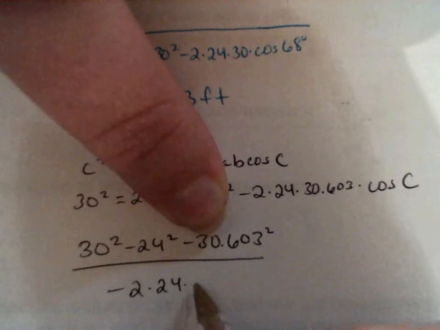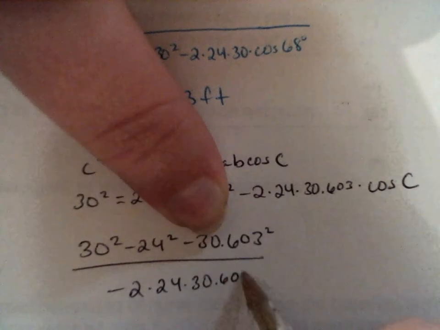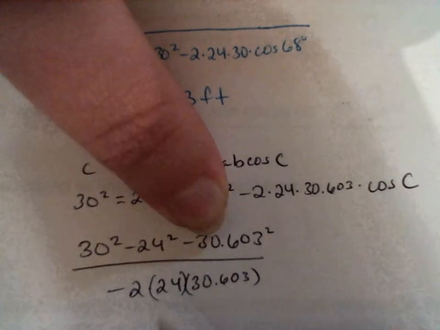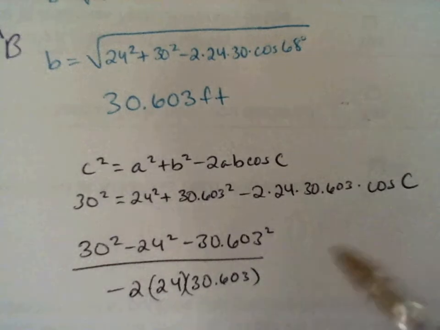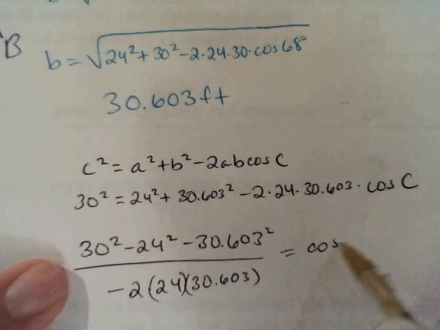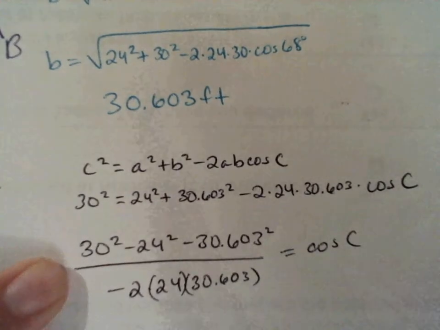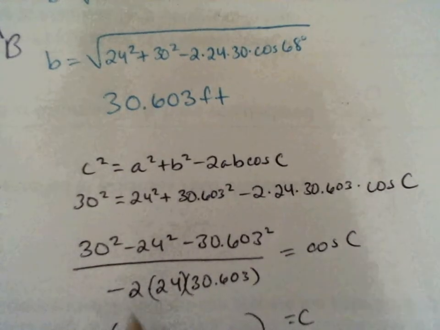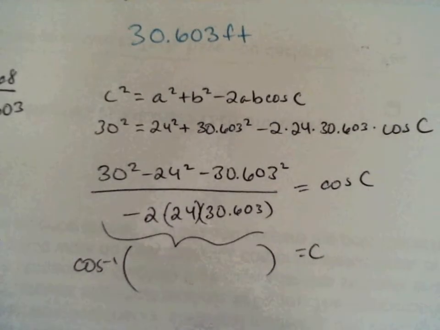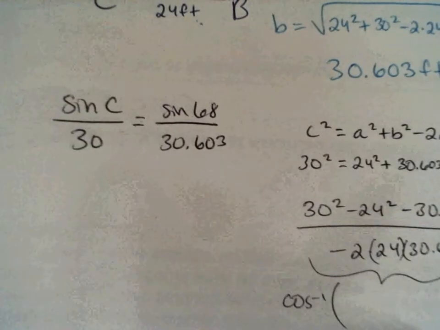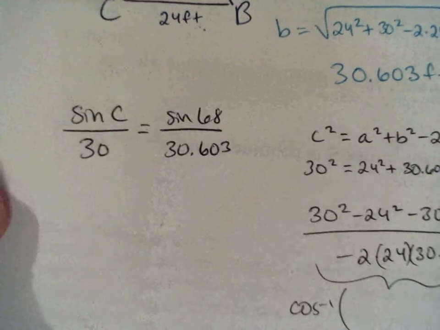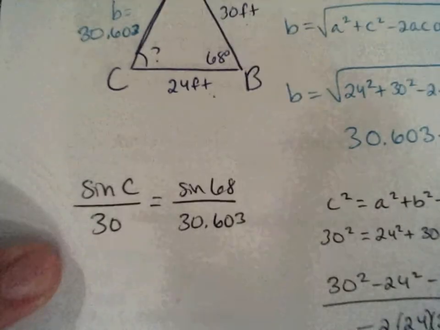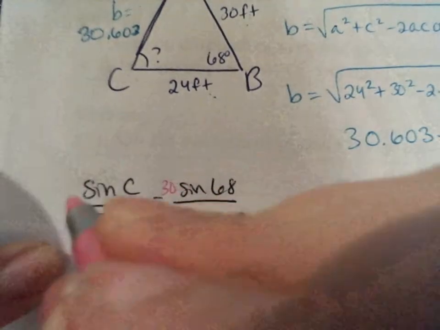So I'm just going to divide by negative 2 times 24 times 30.603. Okay, and then that all equals cosine of angle C, and so if I want to solve for C, I would just take the cosine inverse of all of that. Not quite as cute as the law of sines. We're going to see if we get the same thing.